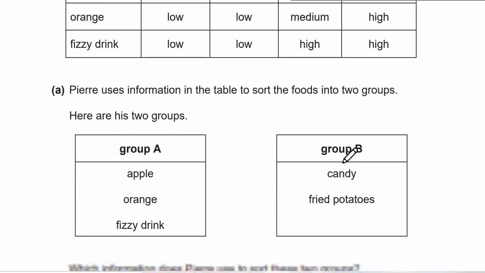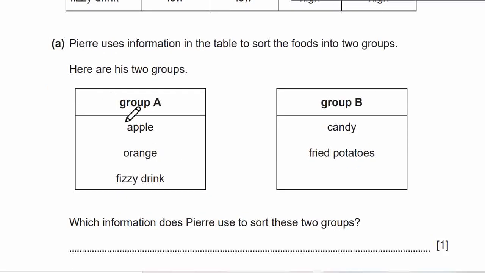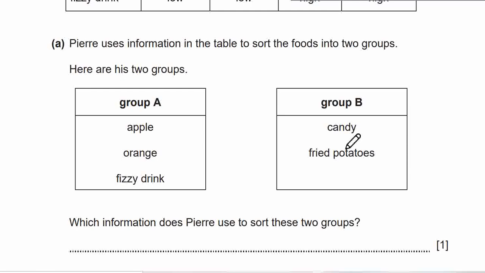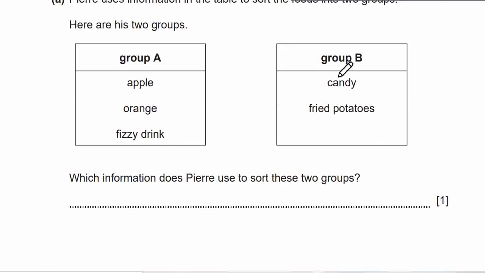Now question A. Pierre uses information in the table to sort the foods into 2 groups. Group A: apple, orange, fizzy drinks. Group B: candy, fried potatoes. Which information does Pierre use to sort these 2 groups?